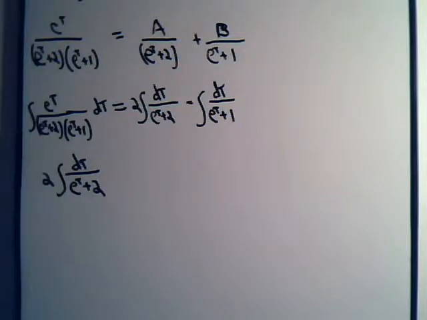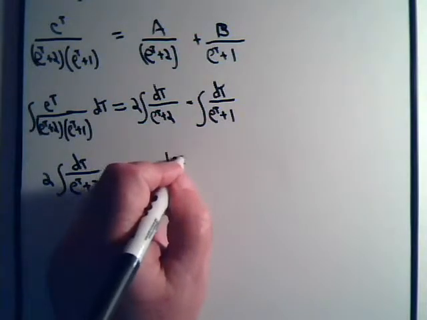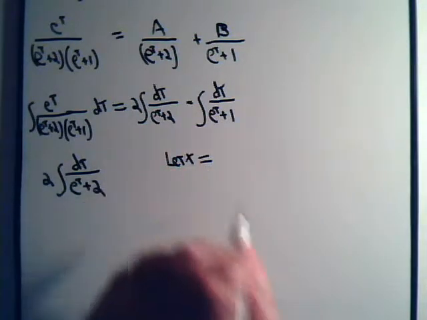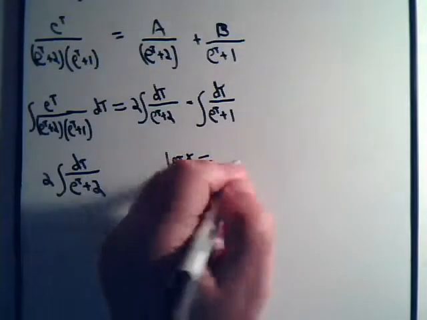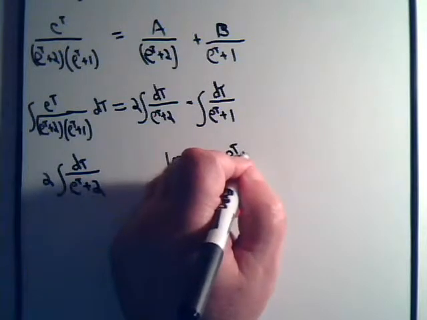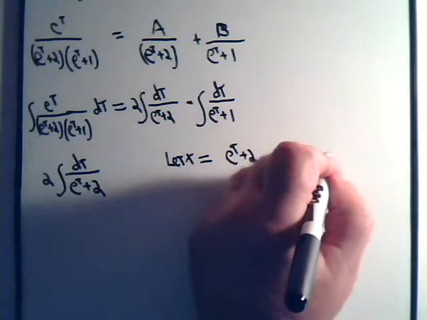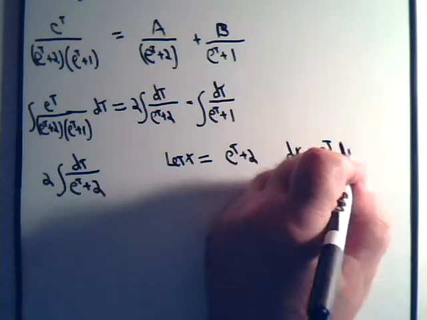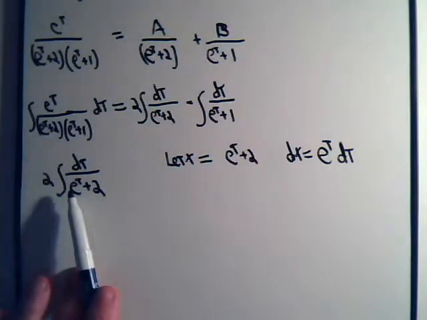Can a u-du substitution help us out here? If we say let x equal e to the t plus 2, dx is going to equal e to the t dt, and there is no e to the t up here.